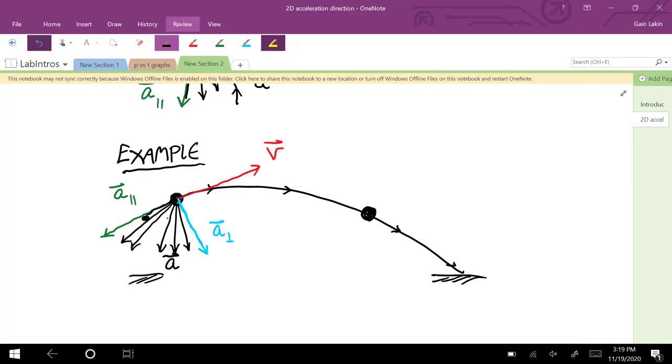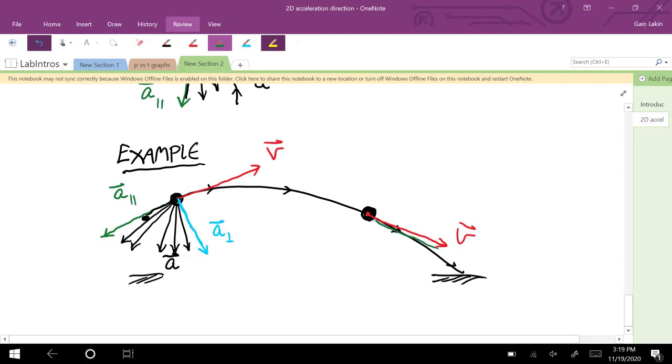Now what about the object when it's on the way down over on the right side? Well, the velocity vector is tangent to the path. This time it's on the way down, so something in projectile motion is speeding up if it's on the way down.